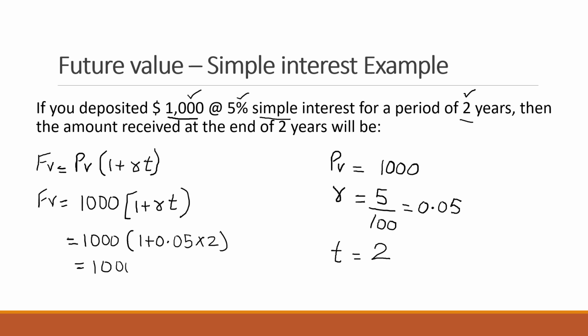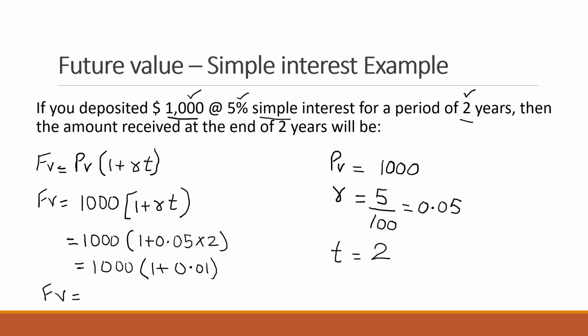First we should always do multiplication, then divide, then add and then subtract. This is the rule of maths. So 0.05 multiplied by 2 comes to 0.1.